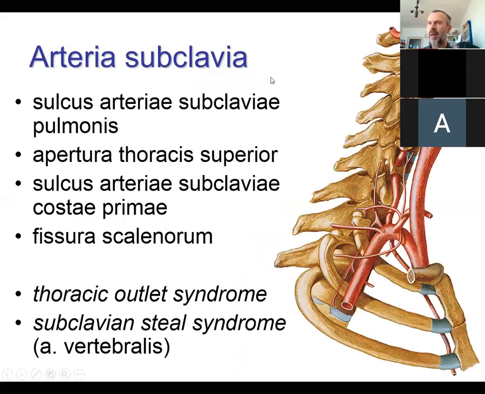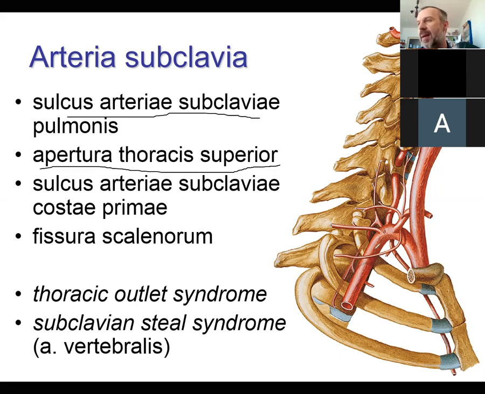Okay, let's go back to the subclavian artery, which is the last topic of today. So we know that the subclavian artery forms a groove on the tip of the lung. We know that it leaves the thorax in the thoracic inlet.